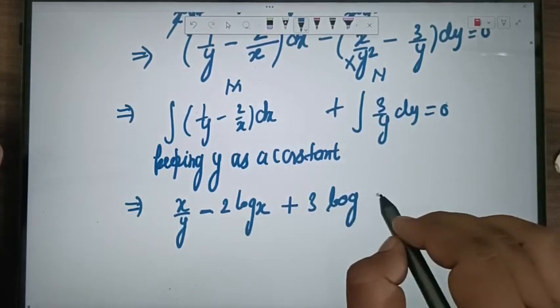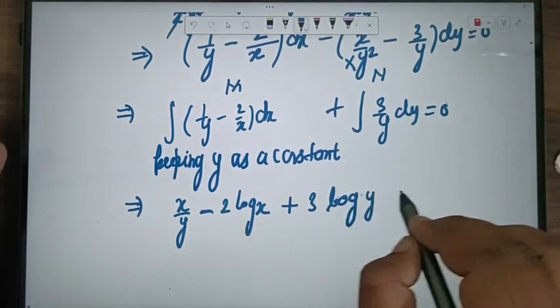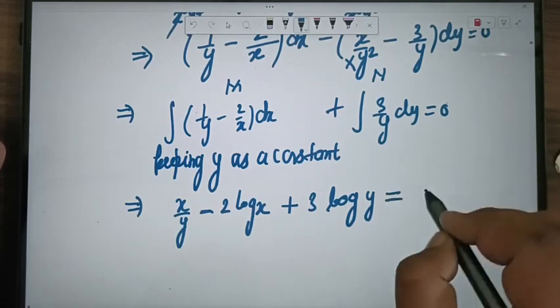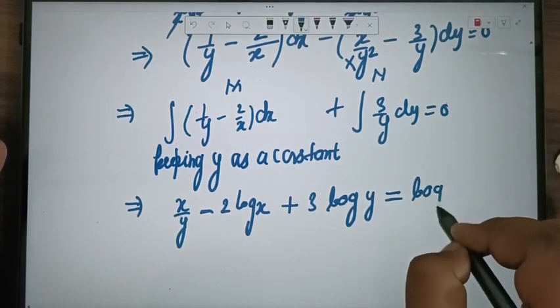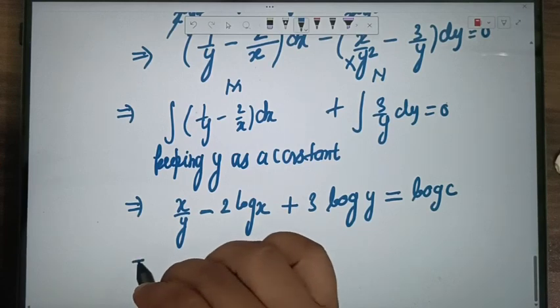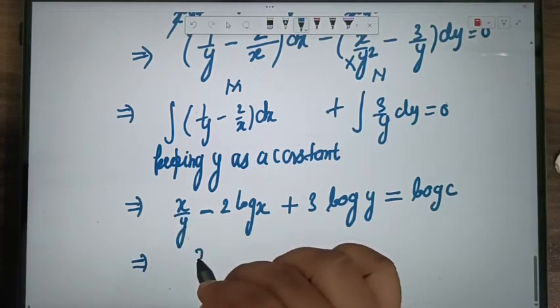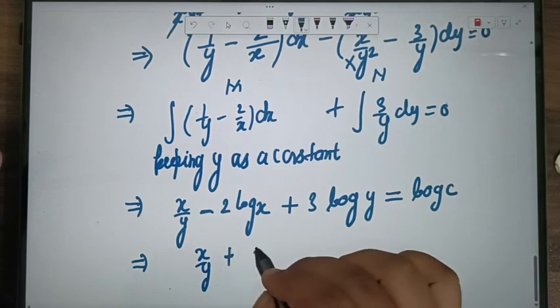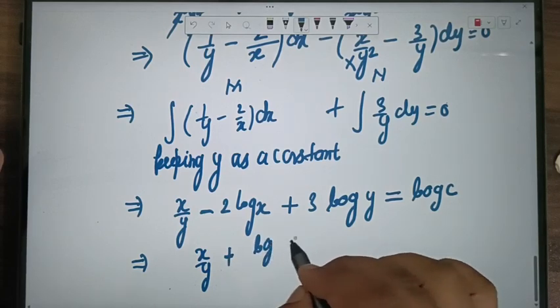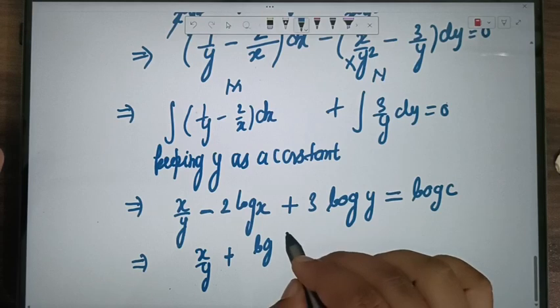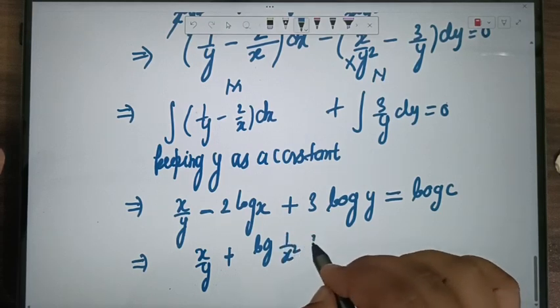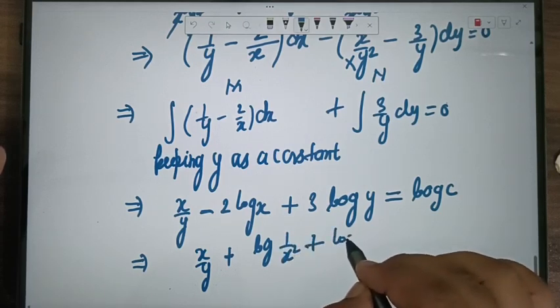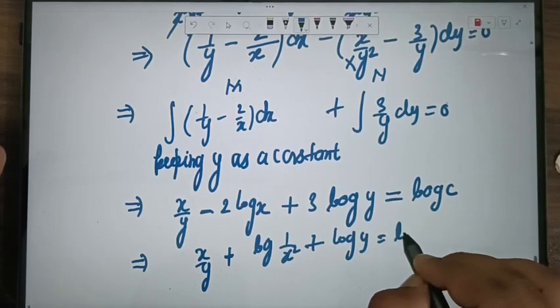So we have a number of terms in terms of the log, so you can treat your constant also as log c, and you can write it in the combined form: x upon y plus log 1 upon x square and plus log y is equals to log c.